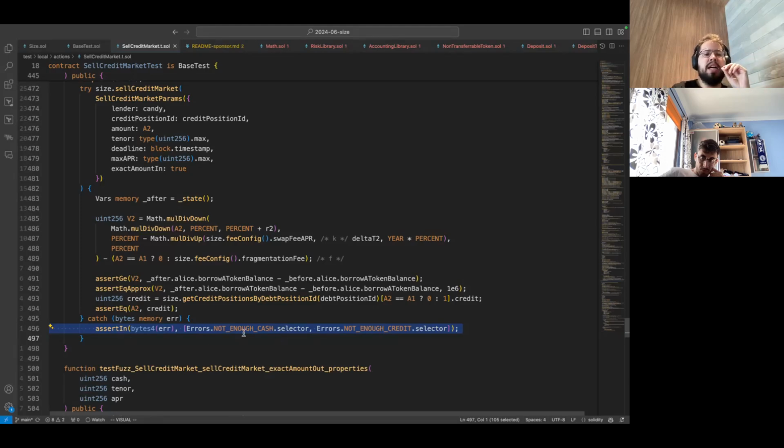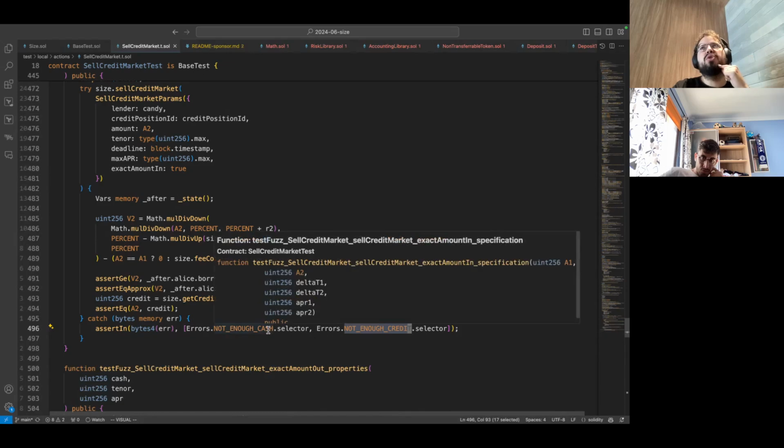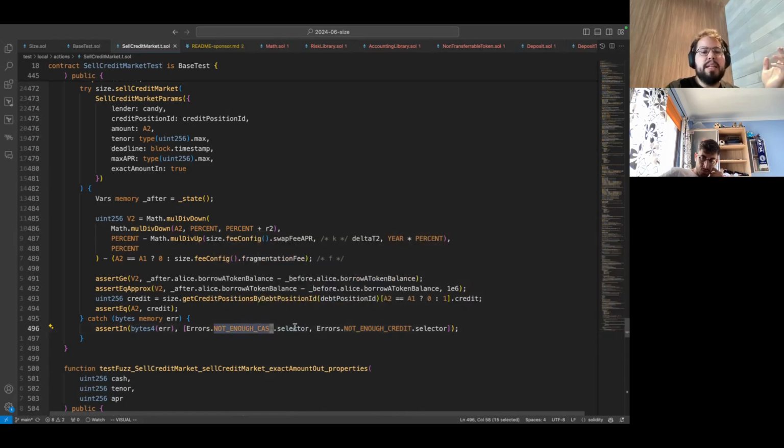So for example, here I'm expecting an error that you are trying to borrow more than the other party has, or maybe you are trying to borrow more money than you have, so you don't have enough cash, or the other party doesn't have enough money to lend. So that's another way to see it.